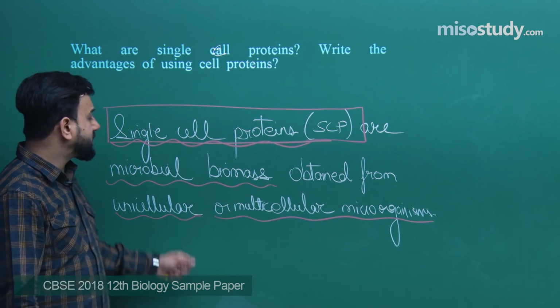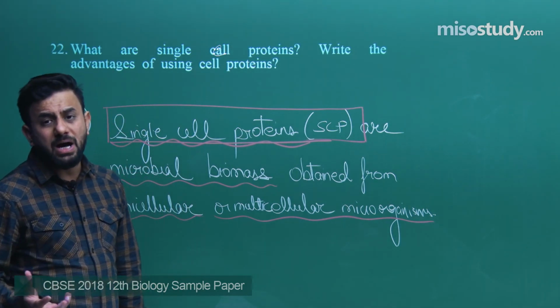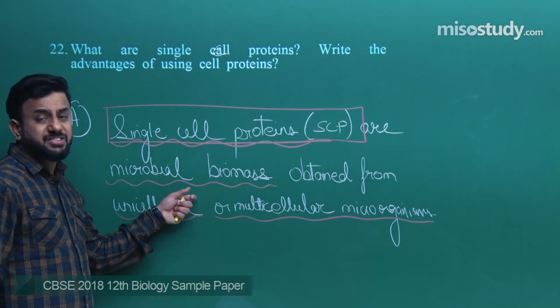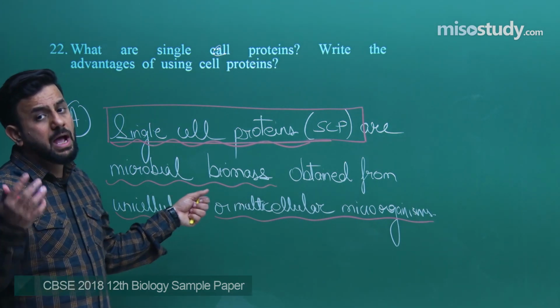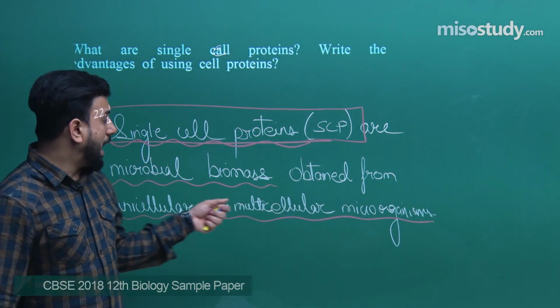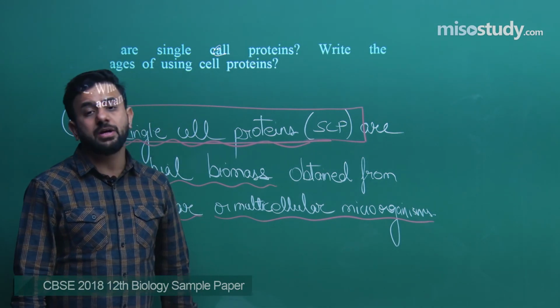Okay, so single cell proteins are nothing but microbial biomass obtained from microorganisms, and these microorganisms are unicellular or multicellular organisms.